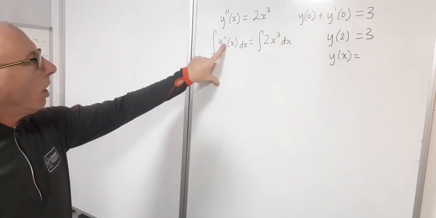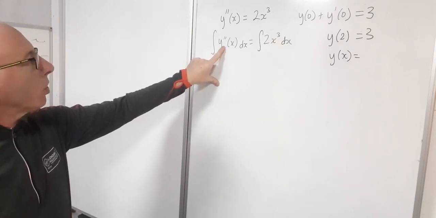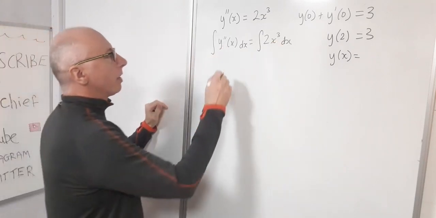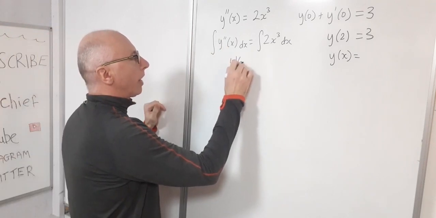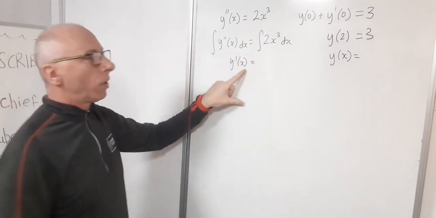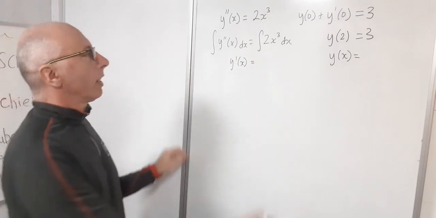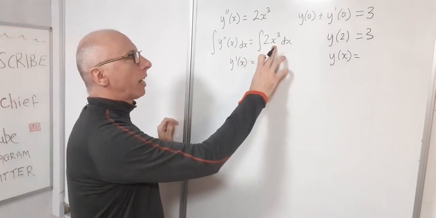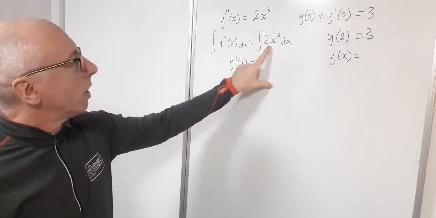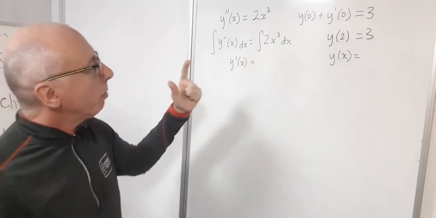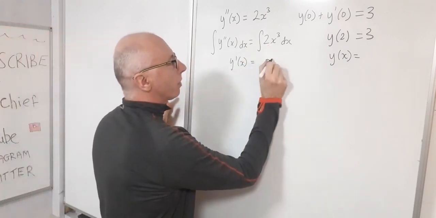Well, the integral of the derivative will just give us y'(x). No need for a constant of integration because we're going to put one on this side. Now integrate this one, that's straightforward power rule. So 2x cubed becomes 2x to the 4.